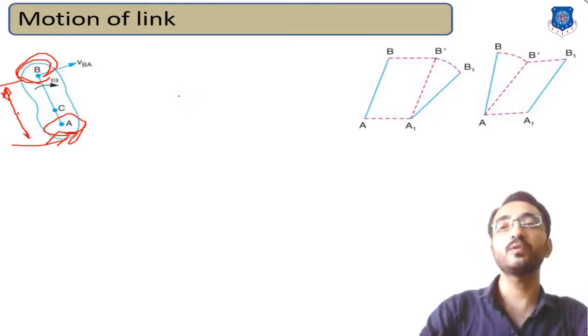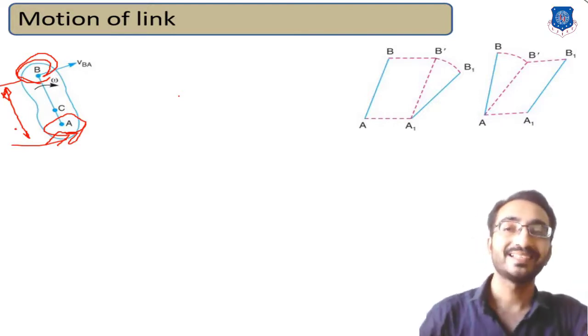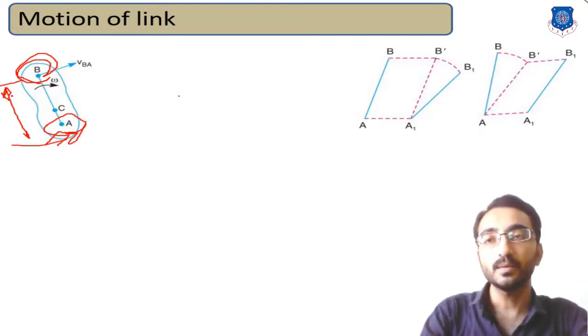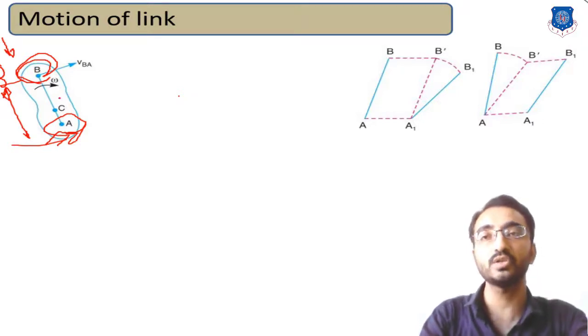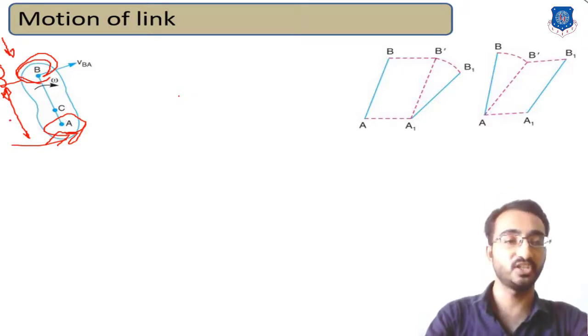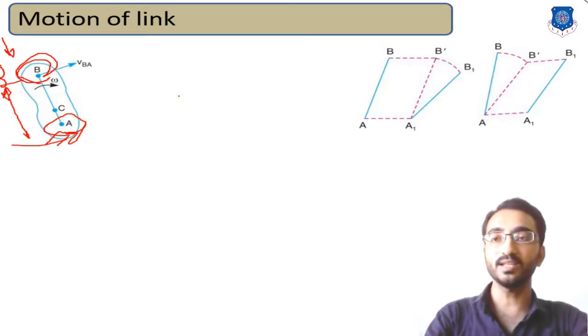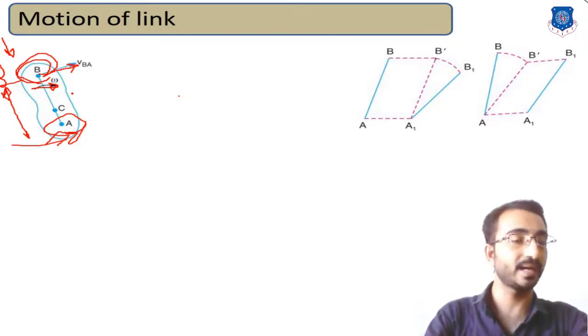So in any circumstances the motion of point B will not occur in the forward, upward or downward direction along the link, because this distance has to remain constant as it is a rigid body. Now what is the second fundamental? If you are still applying force, what will happen? It will try to rotate, or we can say that point B moves in this direction, because it always has to move in a perpendicular direction.